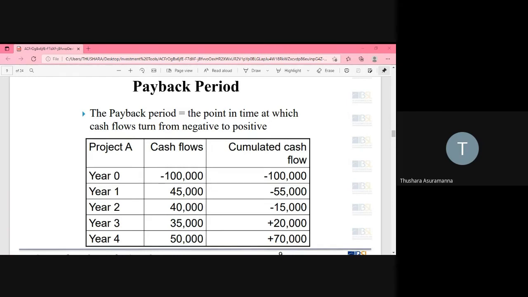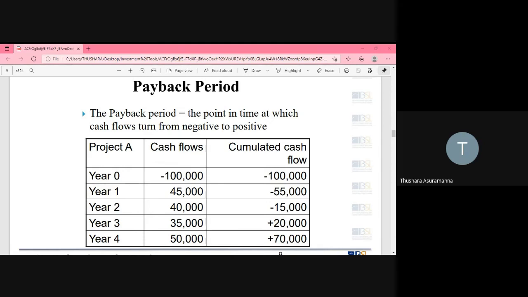Okay. What if the company introduces some cash flows in between? What could be the impact? Let's say in year 3, a company introduces another 20,000 towards the business, towards the project.